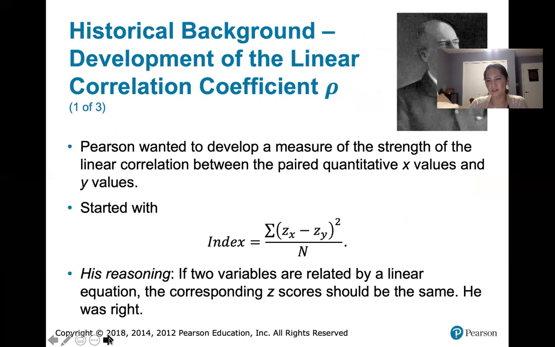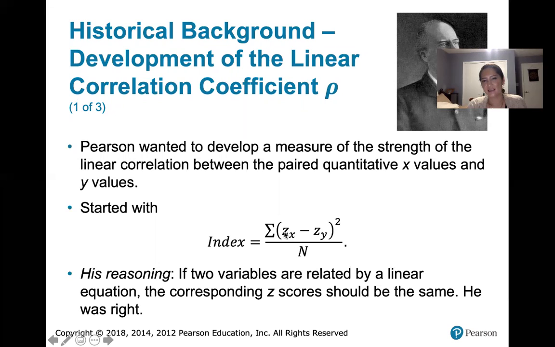If 2 variables are related by a linear equation, then the corresponding z-scores should be the same. And it turned out that he was right in a special case. If 2 variables are related by a linear equation and that linear equation has a positive slope, remember what this z sub x is going to represent.